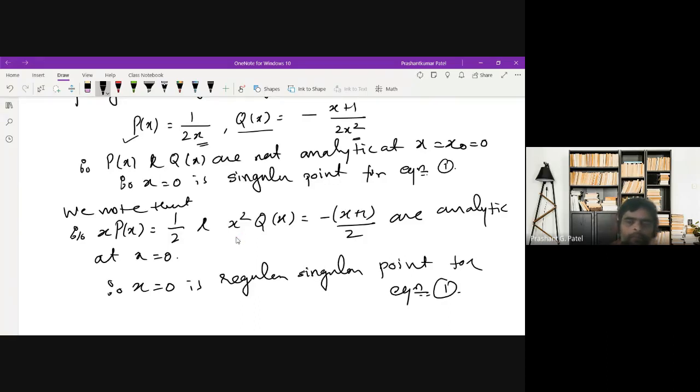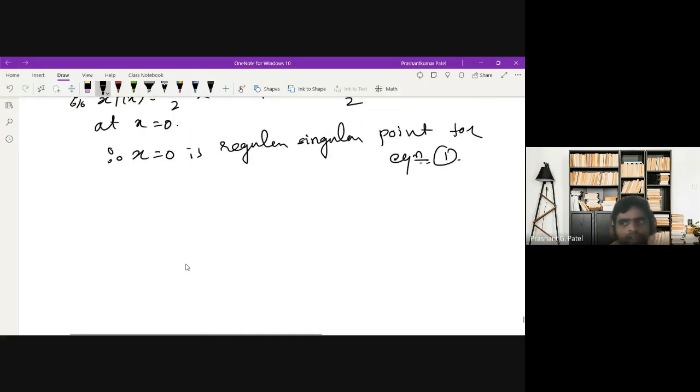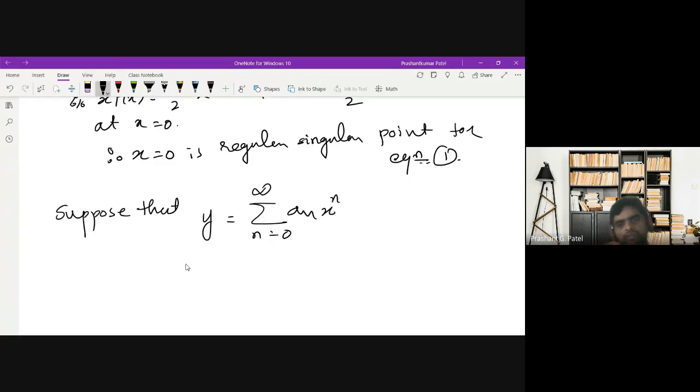Since it is a regular singular point, using the Frobenius method we can assume a solution. Suppose the solution is y equal to summation n running from 0 to infinity a n x raised to n plus m.